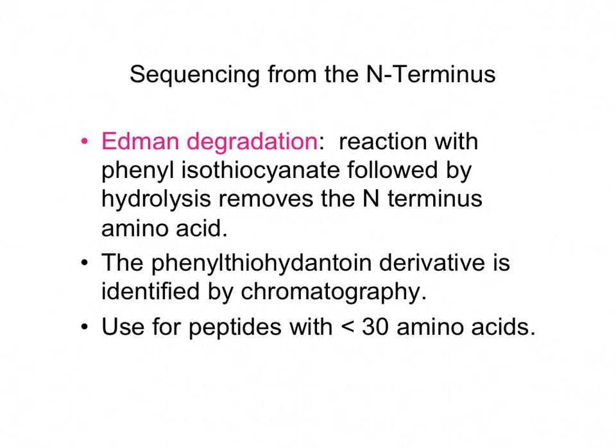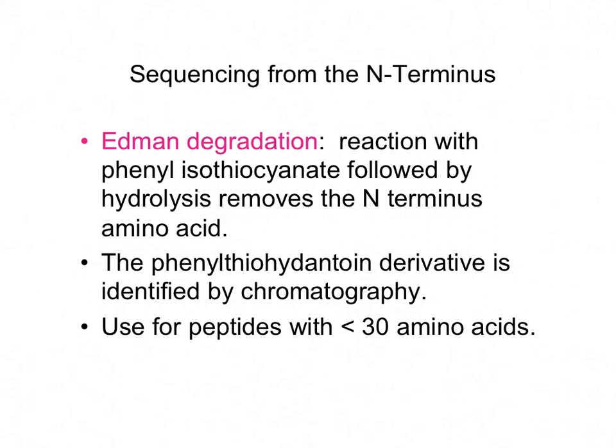It's a 10 amino acid chunk. We're going to use the Edman degradation. And what the Edman degradation does is it cleaves off from the N-terminus end. So I cleave off the N-terminus amino acid, I get its identity, I figure out what it is.